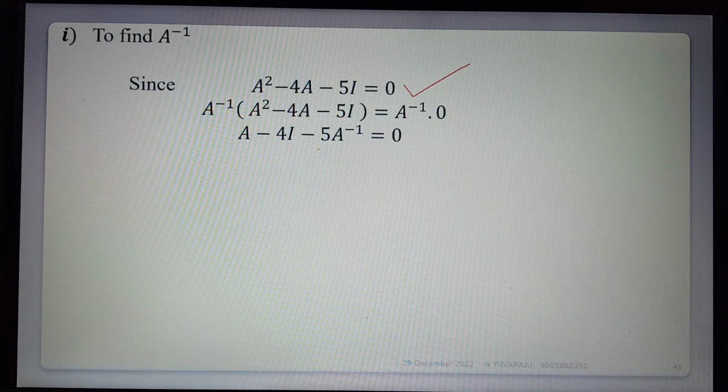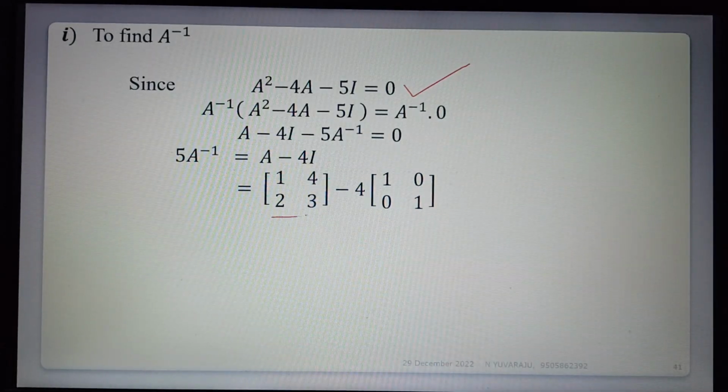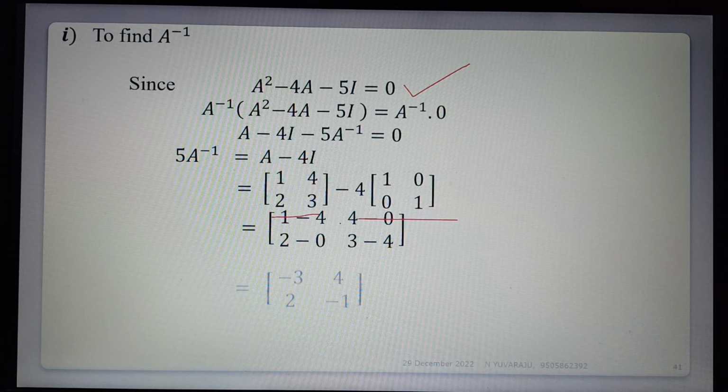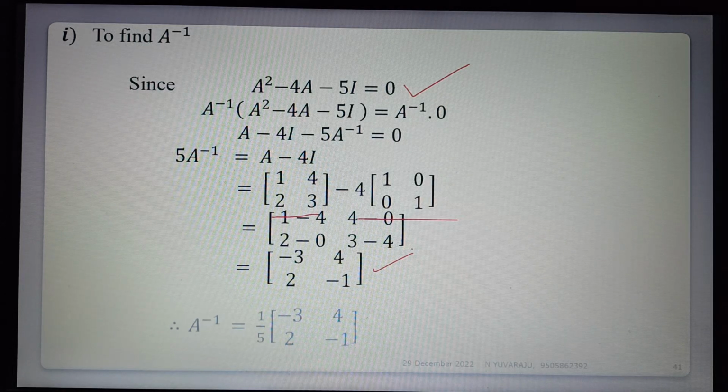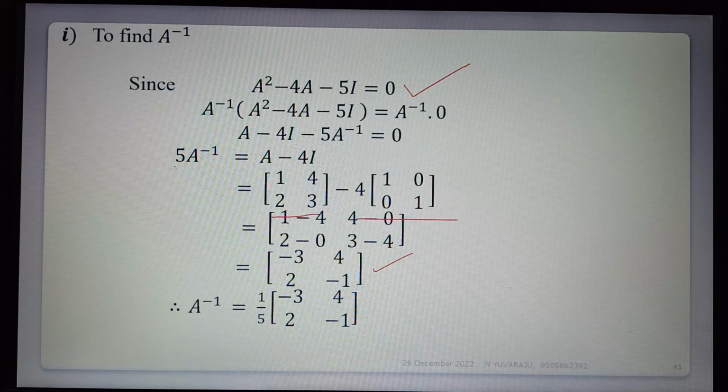Therefore 5 into A inverse is equal to a minus 4i. Substituting A matrix minus 4 into identity matrix, the result matrix 5 into A inverse is equal to minus 3, 4, 2, minus 1. Therefore A inverse is equal to 1 by 5 into minus 3, 4, 2, minus 1. This is the required A inverse of the given matrix by using Cayley-Hamilton theorem.